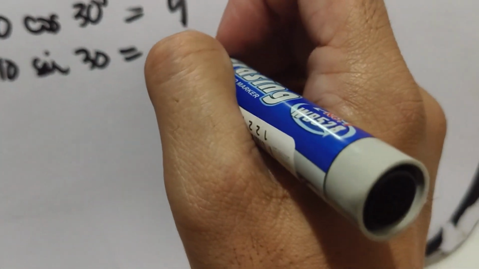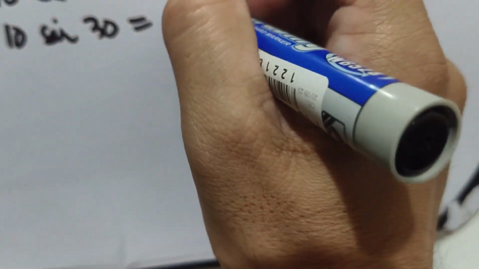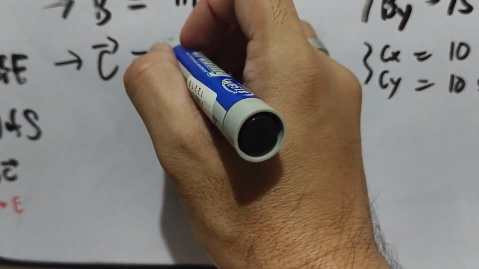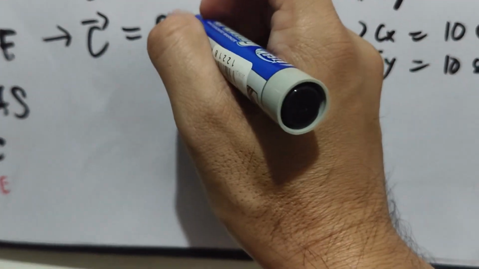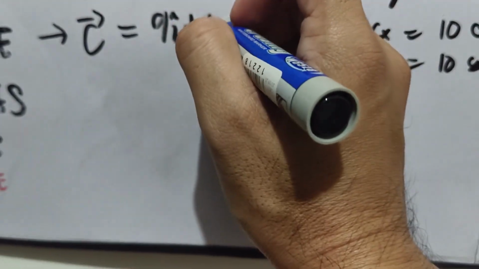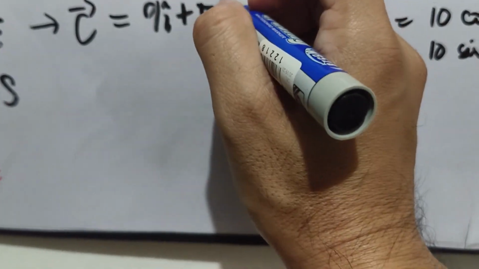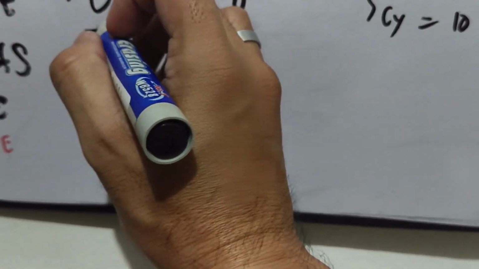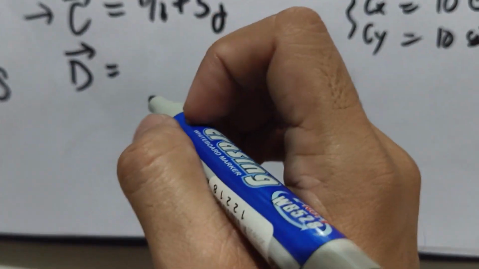Therefore, we can write vector C as positive 9i plus 5j.